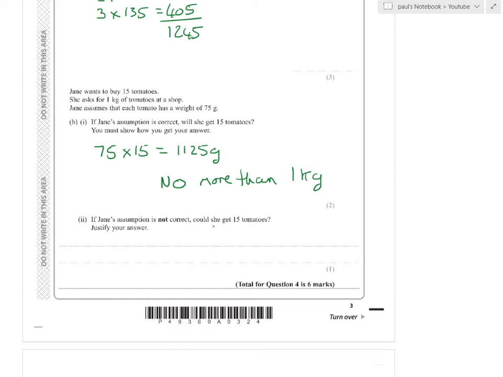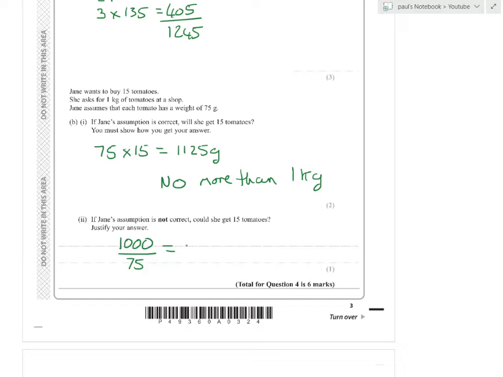If she's not correct, how many tomatoes should she get? Well, you can get 1,000 grams divided by the 75 grams.